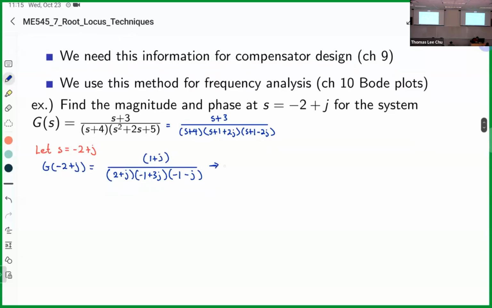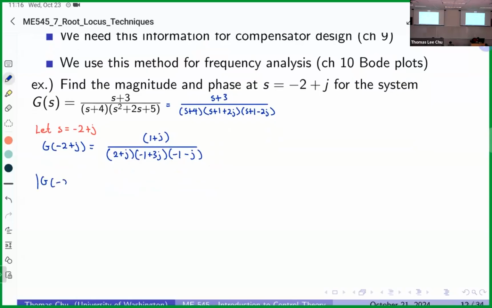So then the magnitude is going to be equal to, the magnitude of the numerator is going to be 1 squared plus 1 squared, because of the 1 in the real part and the 1 in the imaginary part, divided by the square root of the real part squared, which is 2 squared plus 1 squared, times the square root of minus 1 squared plus 3 squared, times the square root of minus 1 squared plus minus 1 squared.